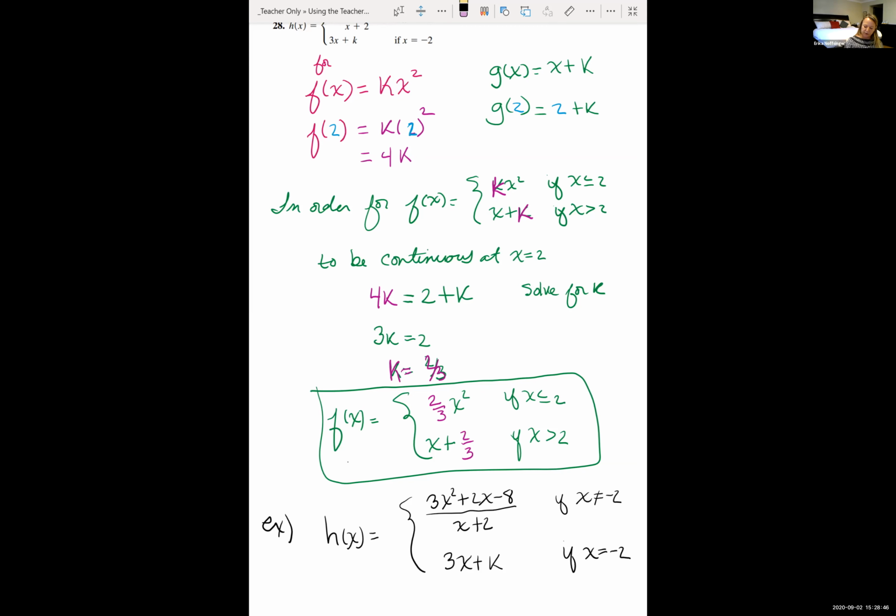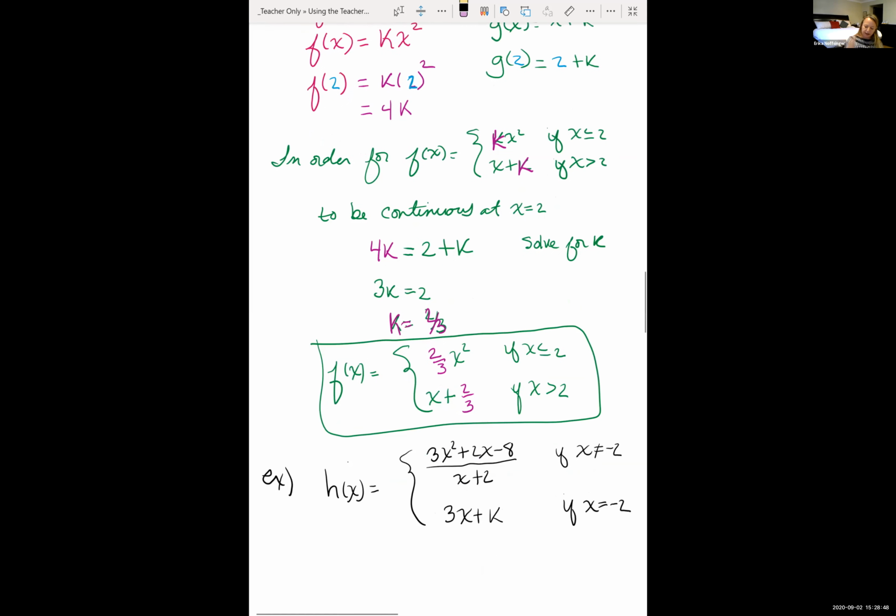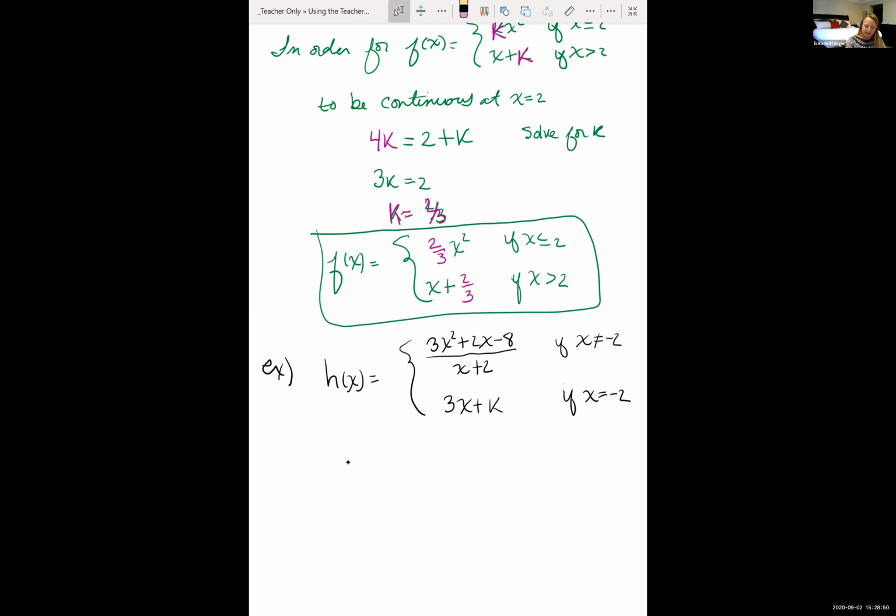And so we need to see what's happening here when x is -2 for both equations.